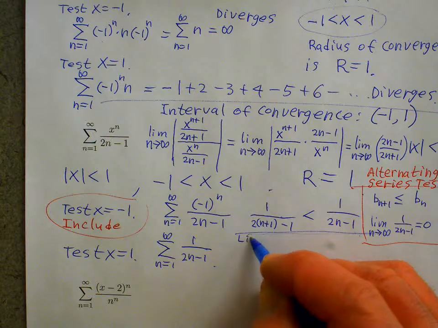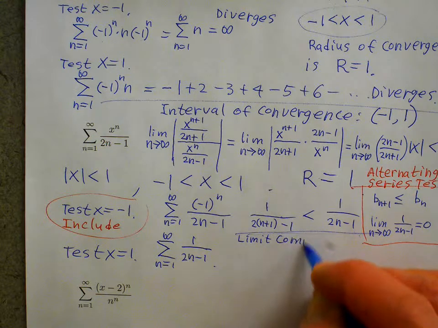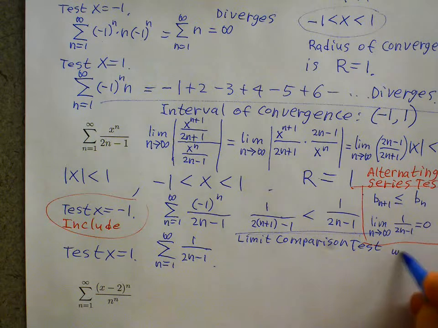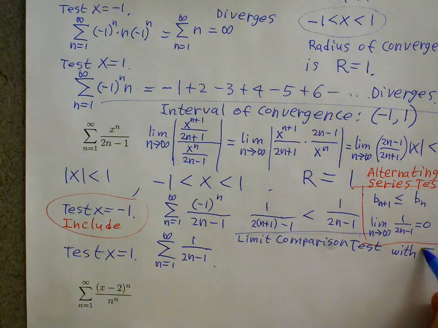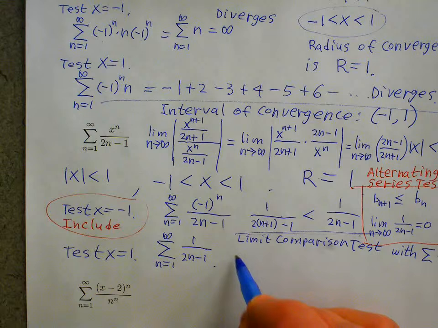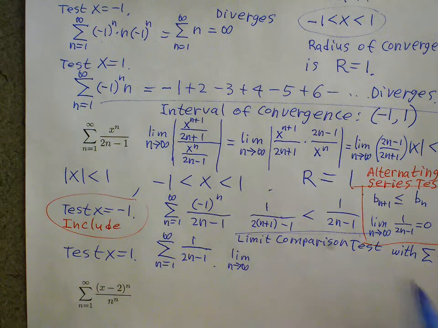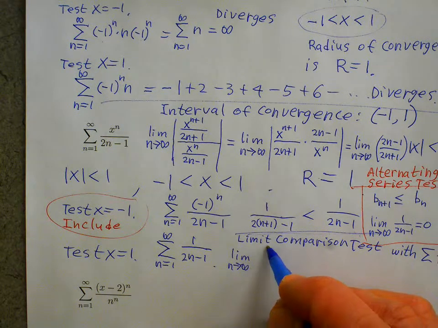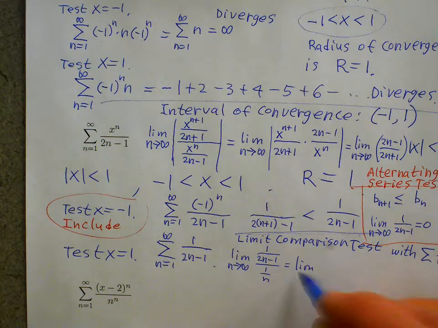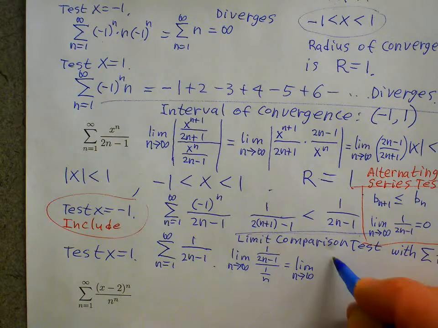So we can try the limit comparison test with the harmonic series 1 over n. I'll squeeze that in. Limit comparison test, comparing with the harmonic series 1 over n. The limit as n approaches infinity of 1 over 2n minus 1 over 1 over n is the limit as n approaches infinity of n over 2n minus 1.